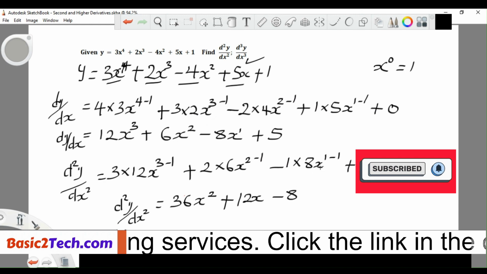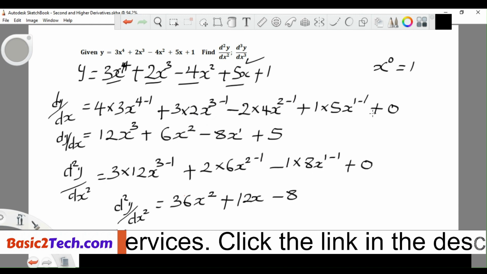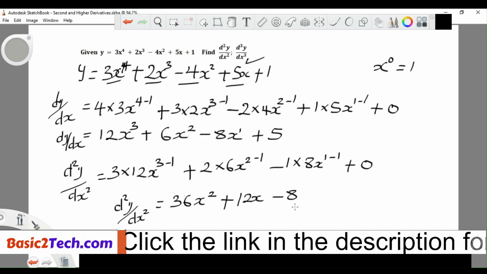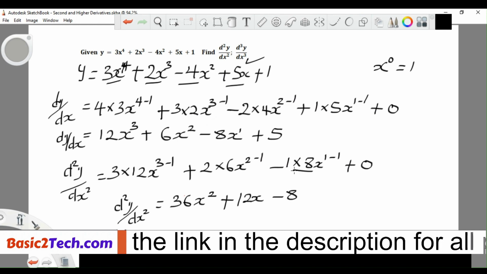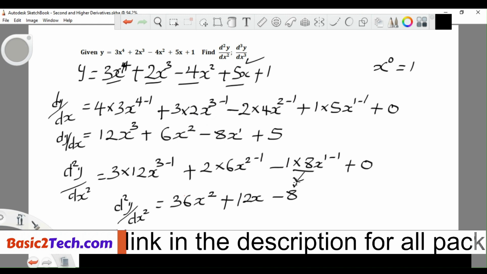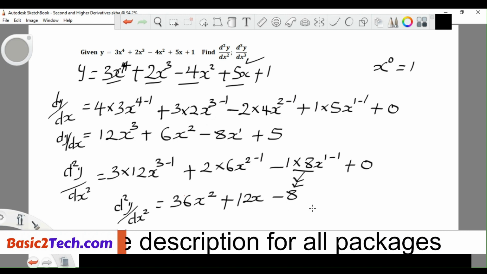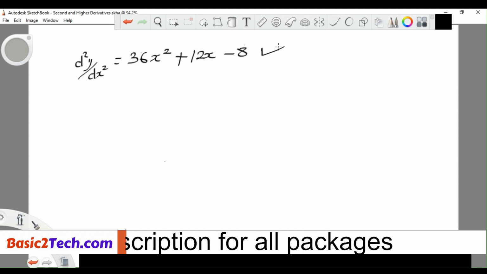Again, remember, x to the power 1 minus 1 is 0, x to the power 0 is 1. So this gives us 8. So this is our second derivative of the given polynomial.